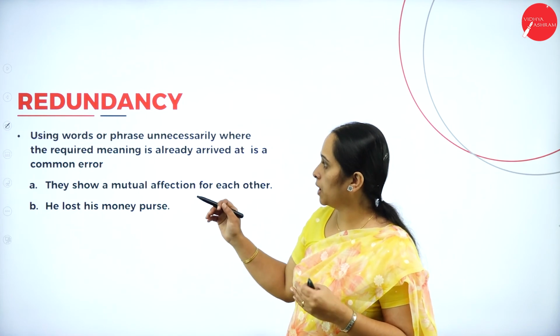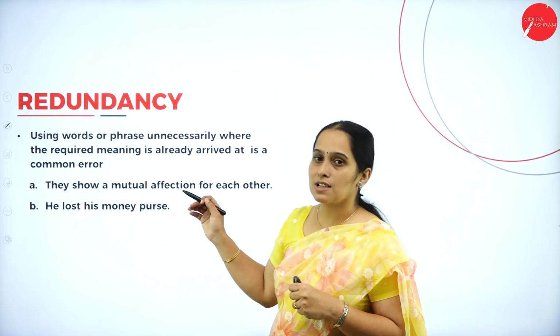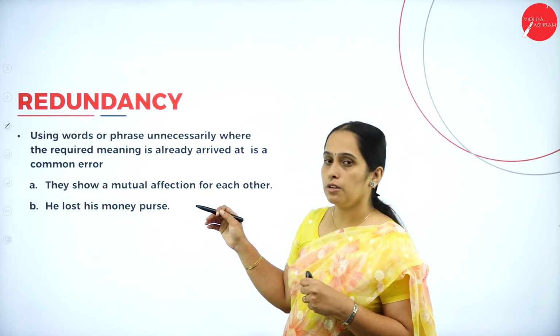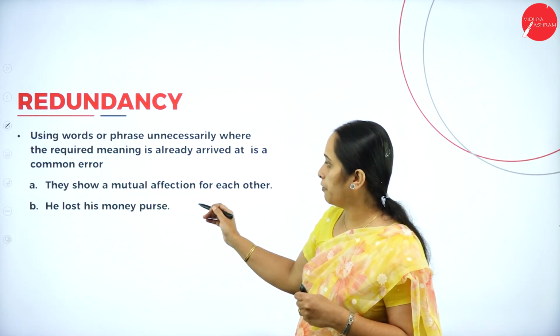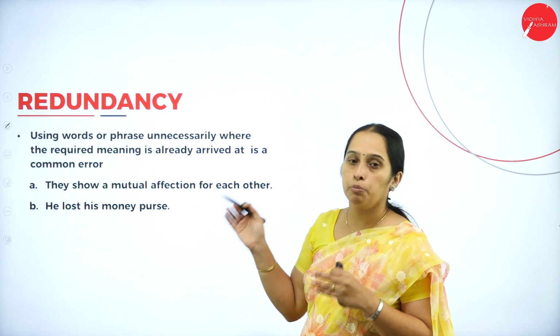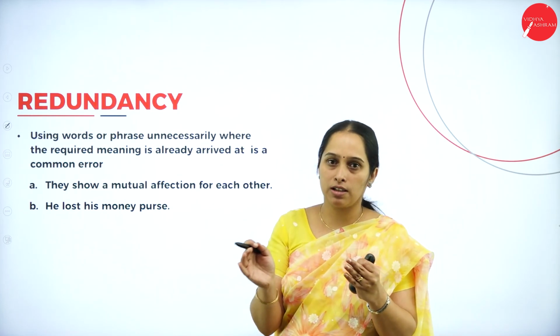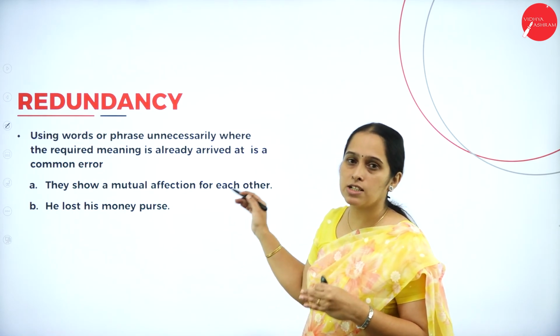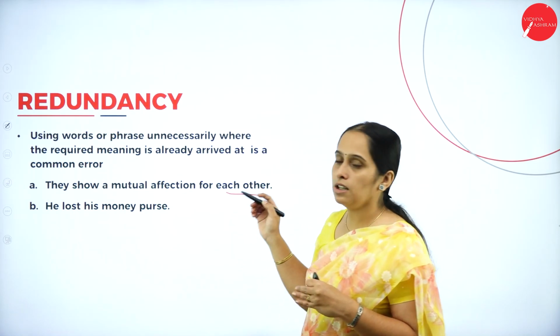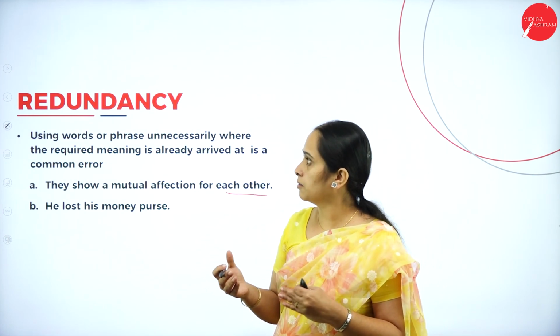This is a common error which we make. Example, they show a mutual affection for each other. Mutual already means each other, right? So the words each other are redundant here.